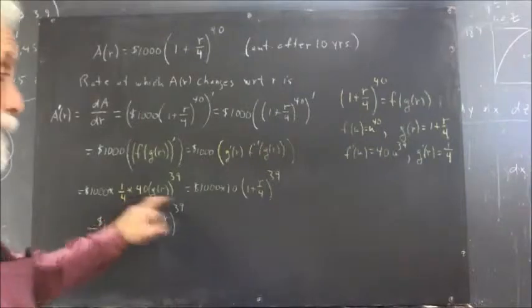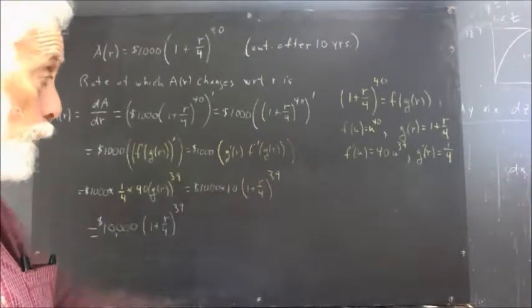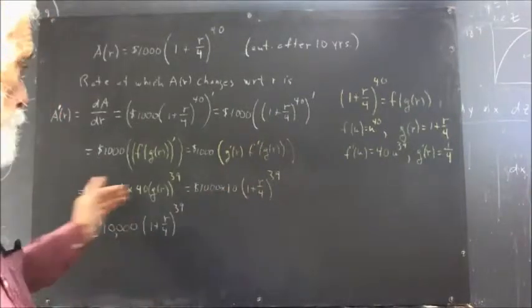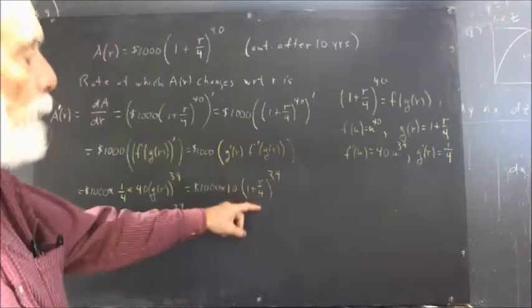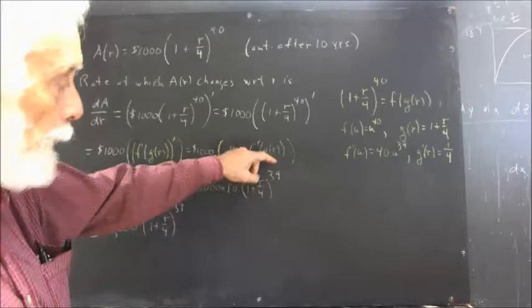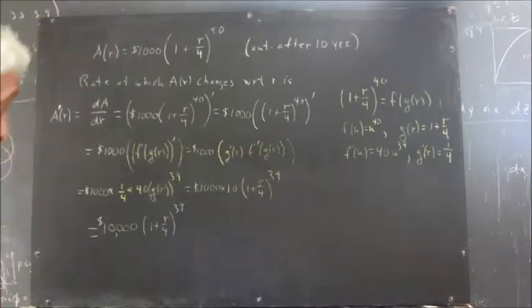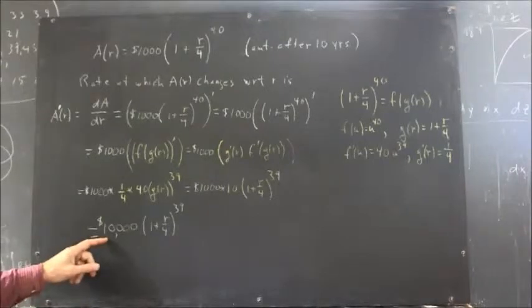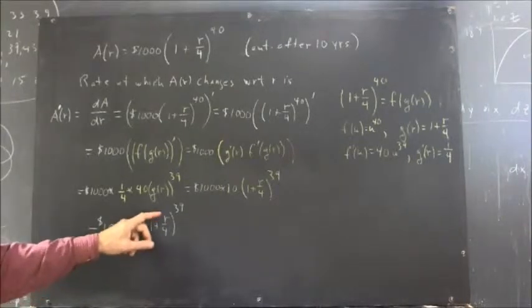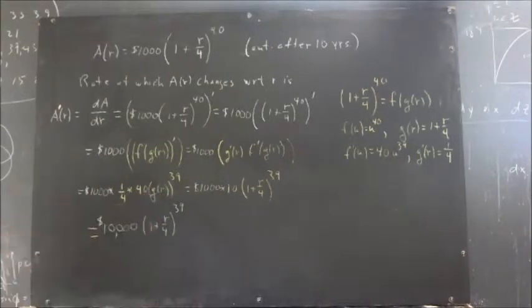And then, of course, g of R is 1 plus R over 4, and we get our final expression, $1,000 times 10 times quantity 1 plus R over 4 raised to the 39th power. Multiplying the $1,000 by 10, we get $10,000 times (1 plus R over 4) raised to the 39th power.